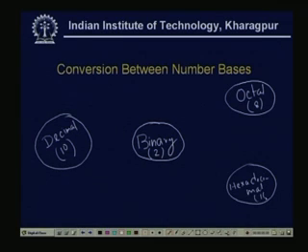where the base is 16. So, conversion means I can do decimal to binary, that means given a decimal number, I can convert it to binary, and vice versa. If a binary number is given, then its decimal is also possible.